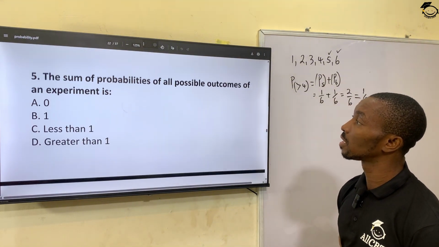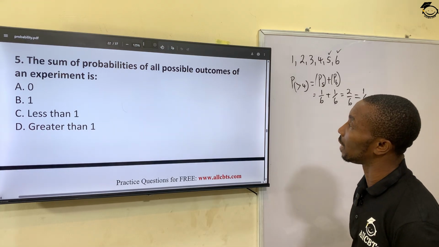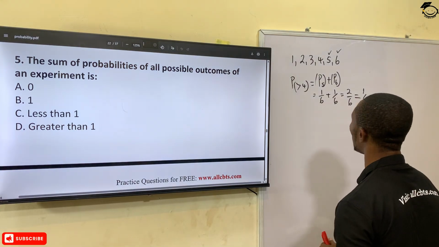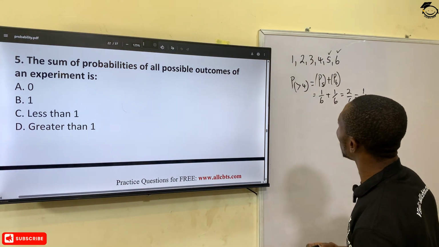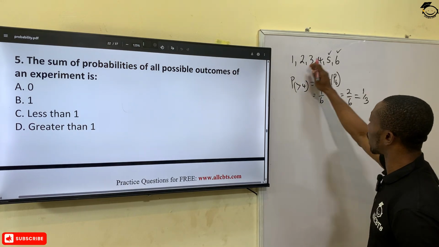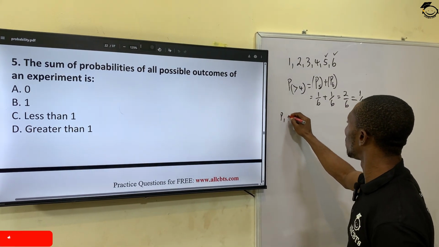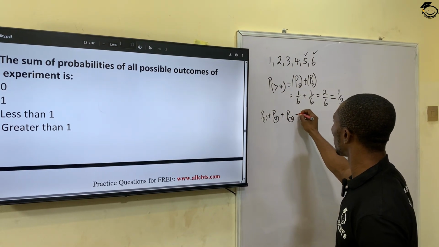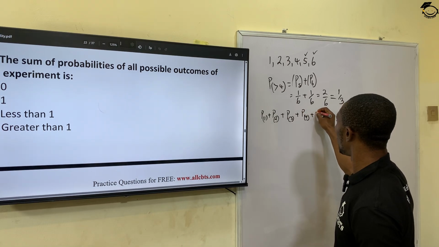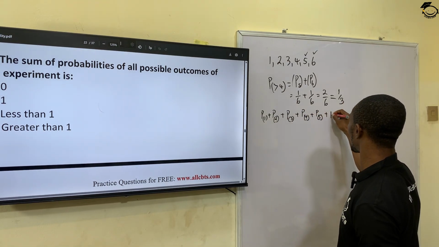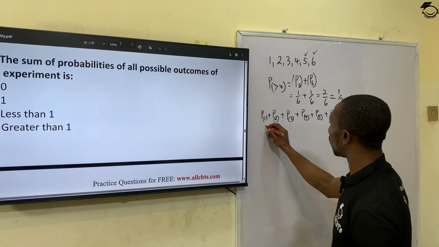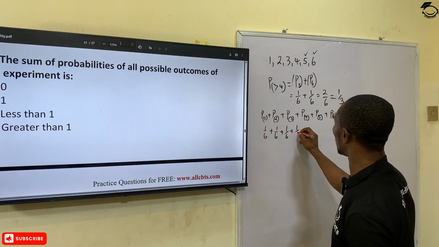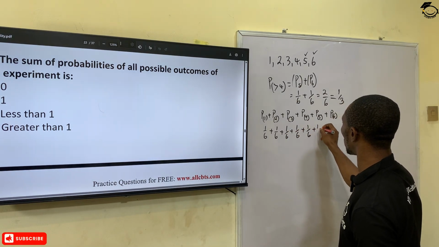The next question says, the sum of probability of all possible outcomes of an experiment is, now, the sum of probability of all these possible outcomes, probability of getting a 1 plus probability of getting a 2 plus probability of getting a 3 plus probability of getting a 4 plus probability of getting a 5 plus probability of getting a 6 will be 1 over 6 plus 1 over 6 plus 1 over 6 plus 1 over 6 plus 1 over 6 plus 1 over 6.